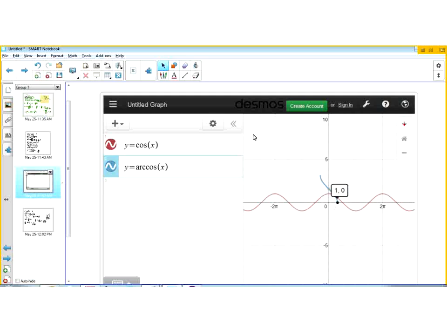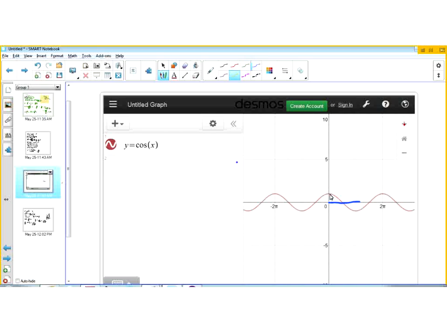Interesting. So from 0 to pi, there's pi halves. The cosine function goes through its full range of output values.